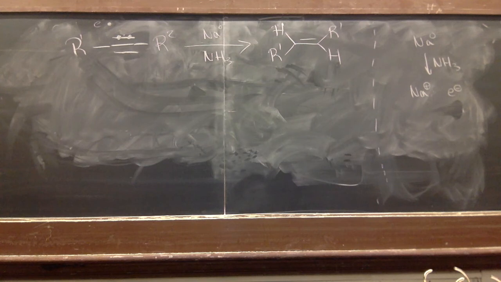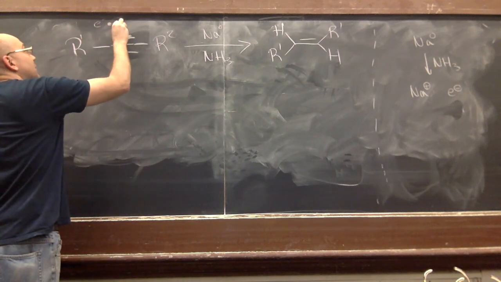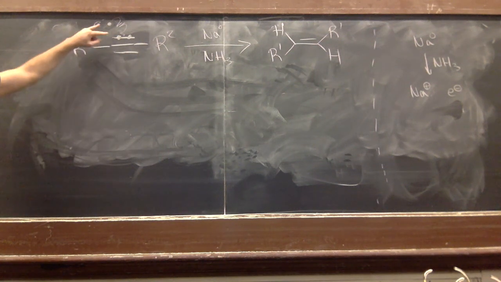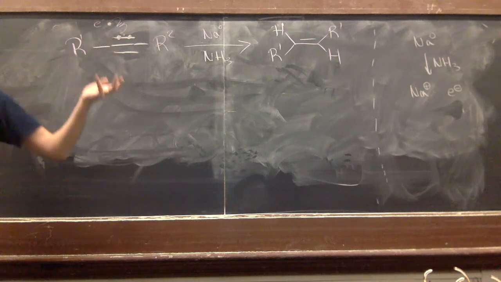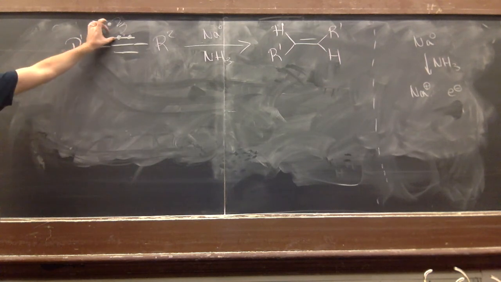Remember this? I'm going to take the bond and, on one end, form two electrons. What are two electrons? They could be a bond, but if they don't have anything on the other end, they are a lone pair.